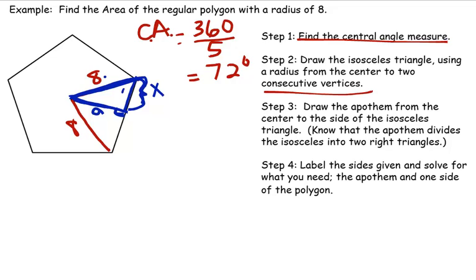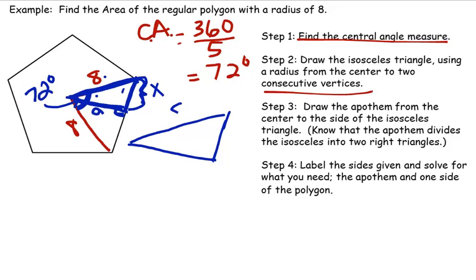Since my central angle, and that's the whole angle right here, is 72 degrees, when I divide that 72 degrees to get this one right triangle, let's move this right triangle out so we know what we're looking at. There's the hypotenuse, that's the 8.